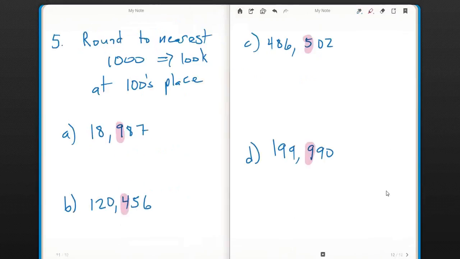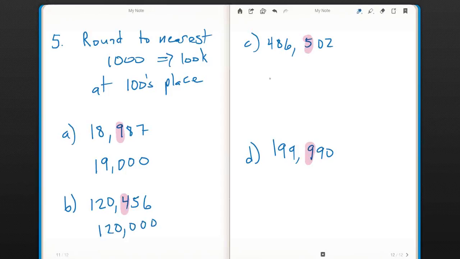Number 5, we're rounding to the nearest 1,000. And so we're going to look only at the hundreds place to decide what to do. The rest of the number doesn't matter at all. In part A, the 900 means I'm going to round up 1,000, and my answer will be 19,000. In part B, the 4 means the 120,000 is not changed.